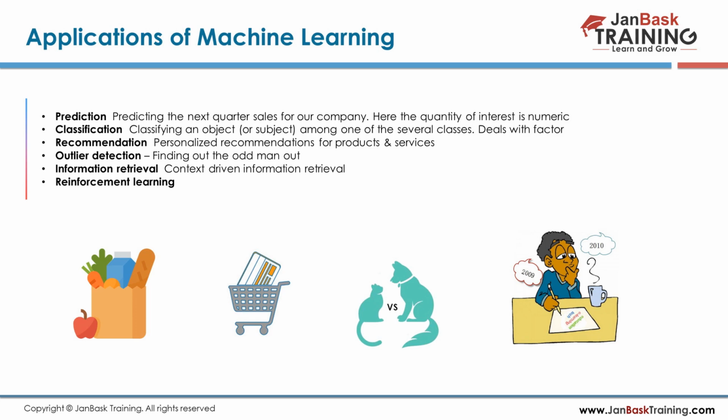First is prediction. Prediction is when you are given data and want to predict something. Suppose you are the sales manager for a company, and you want to predict what your sales would be for the next quarter or next month. You are given month-wise or year-wise data.